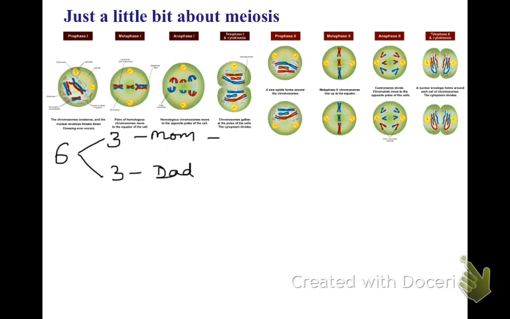So let me call the 3 chromosomes M1, M2, M3, and the 3 chromosomes from the dad D1, D2, and D3. By this, what I am trying to say is M1 and D1 are homologous.